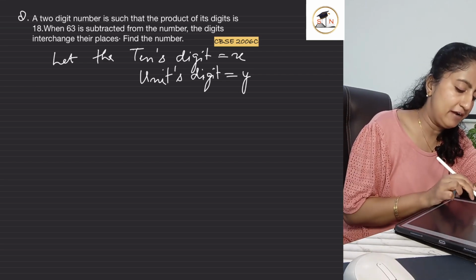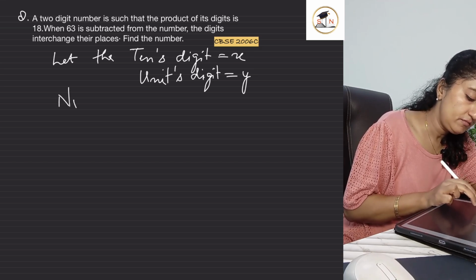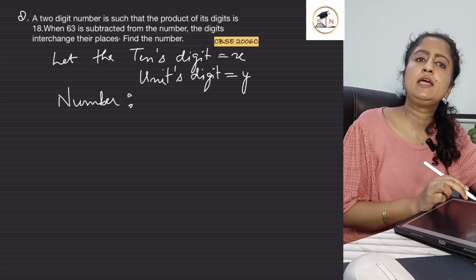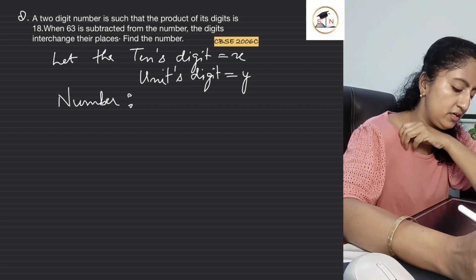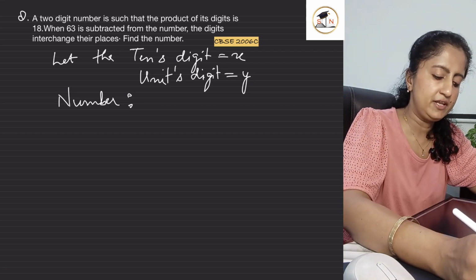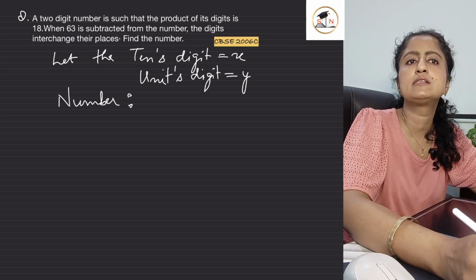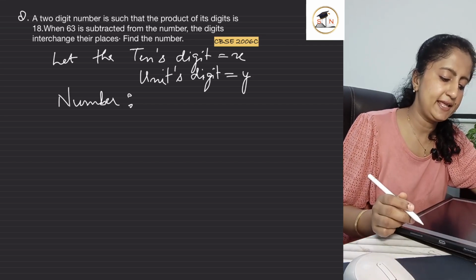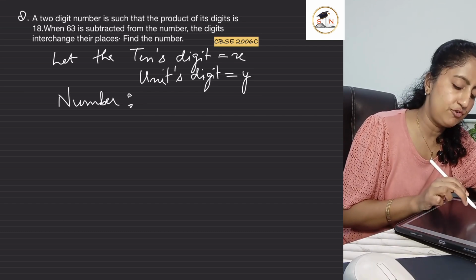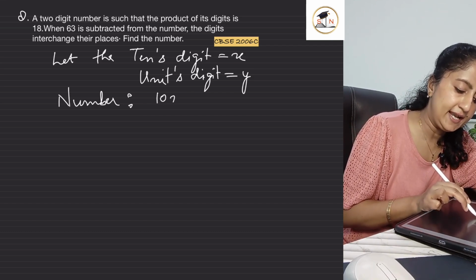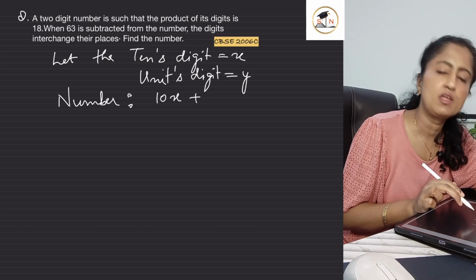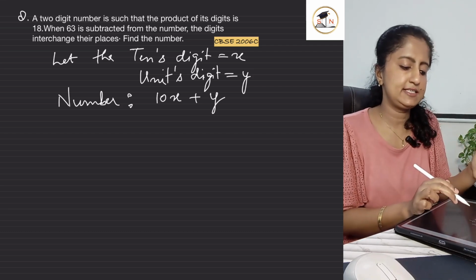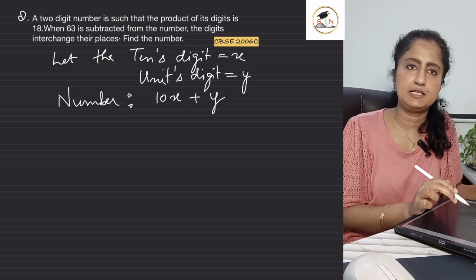So now we have to form the number. In primary classes, you have learned how to form a number when you have two digits. We are always supposed to multiply with the place value. For x, the place value is 10. So therefore, the number is going to be 10 times x plus 1 times y. Therefore, just y. This is your number, that is 10x plus y.